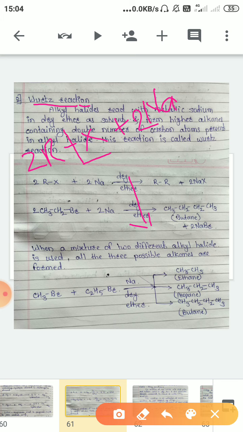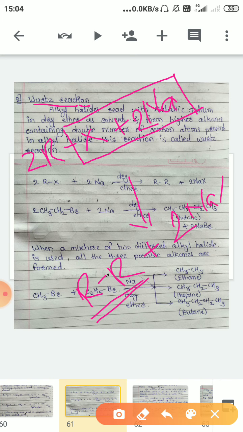So what you have to do is make this compound, and there will be 2 R groups which can be attached to each other, that means R-R plus 2 NaX.